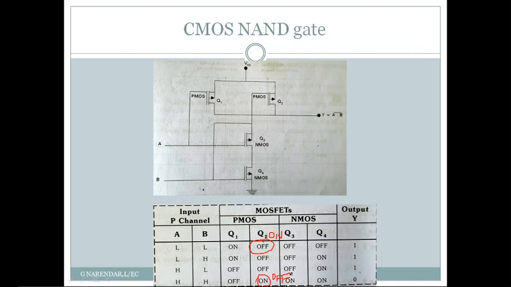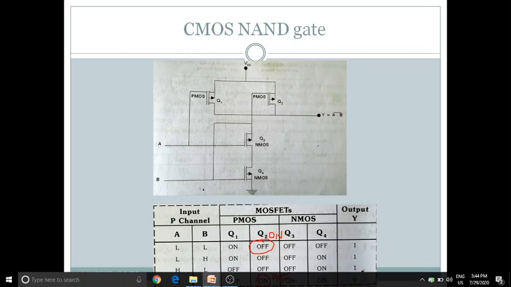Q3 and Q4 are on, and the output Y equals 0.